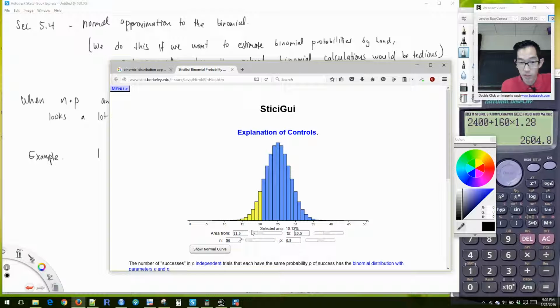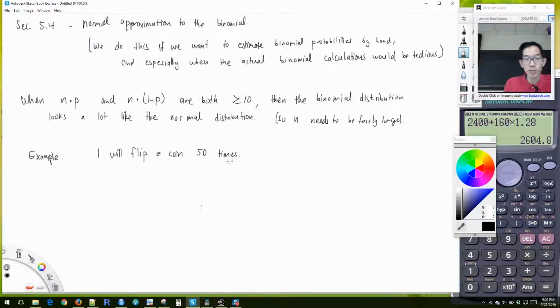Okay, we'll say 33 heads or more. So I will flip a coin 50 times, and I will win if the coin lands heads 33 times or more. So what is the probability I win?